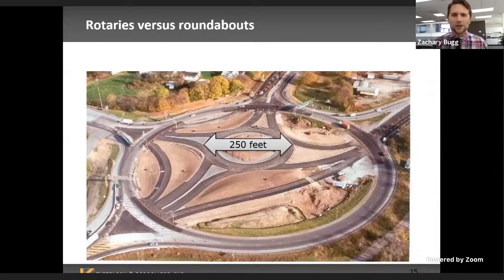We call this the inscribed circle diameter. We've got a lot of imperial units in here, but again, pretty large. I think this was about a third of the size of the original rotary. The purpose is to control vehicle speeds and bring those conflict points together.